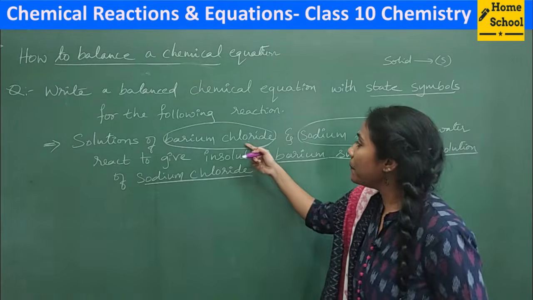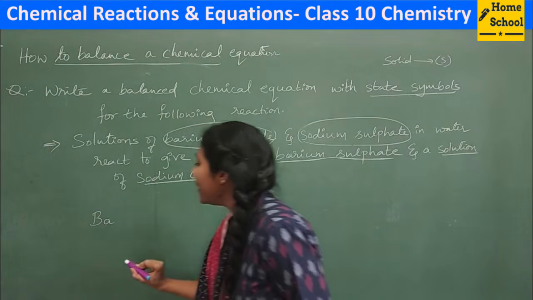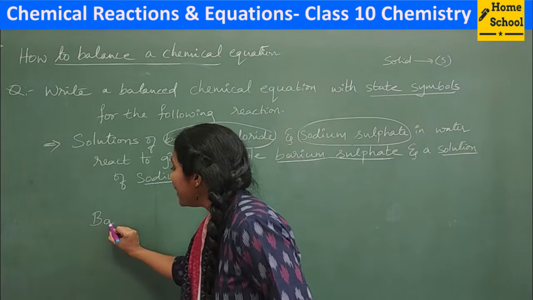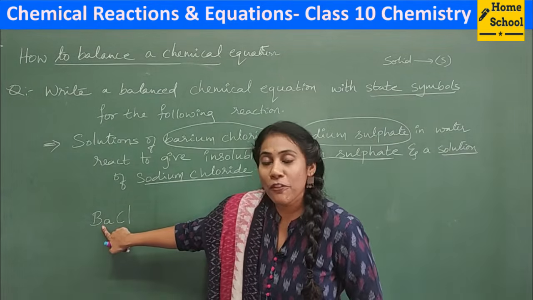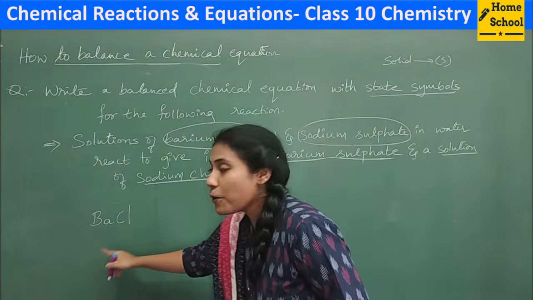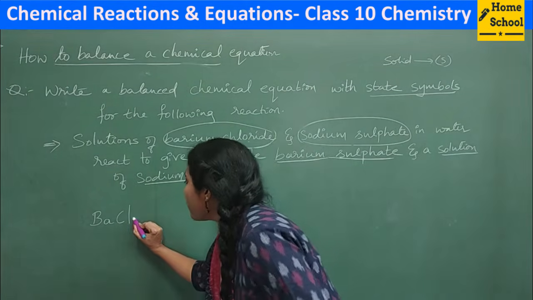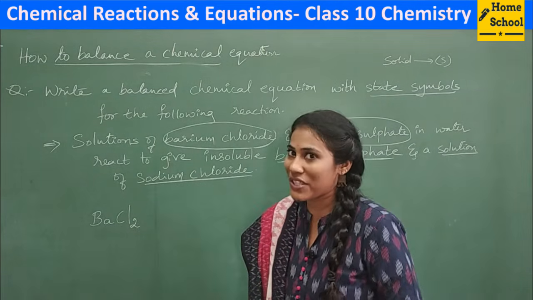What is the formula of barium chloride? You must know how to write the formula properly. Barium, Ba. Chloride means Cl. What is the valency of barium? 2. Valency of chlorine? 1. So by the crisscross method, what is the formula? BaCl2. This I taught you in the bridge course, right?